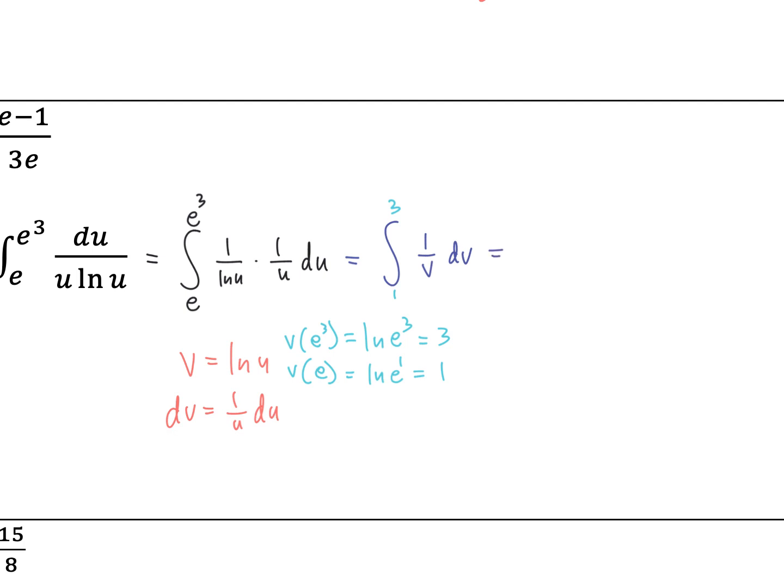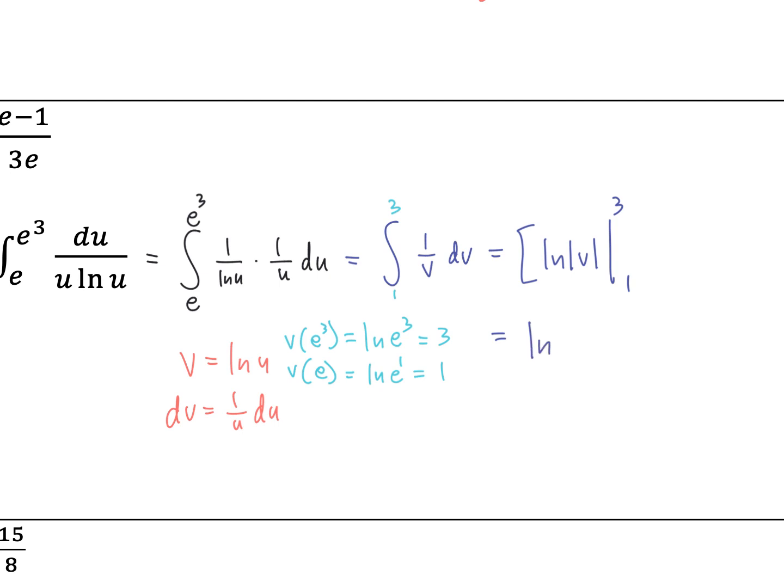Okay, now we'll take the antiderivative. So the antiderivative of 1 over v is ln v, right? The antiderivative of 1 over x is ln x. So here we'll do this as ln of the absolute value of v. Okay, plug in the top limit: ln of 3.